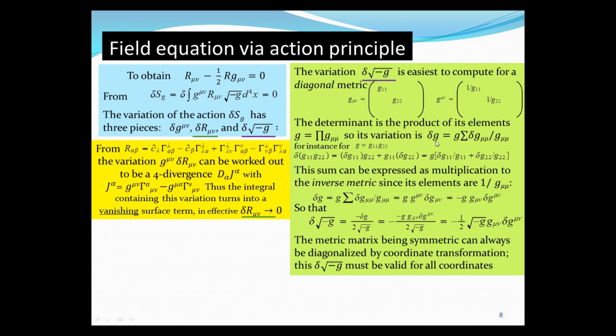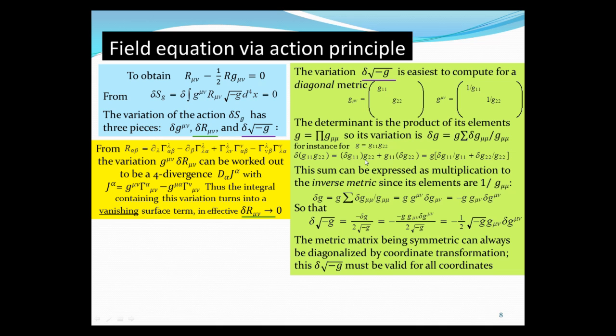So the variation of this determinant: this is a product, right? When you vary one term, you hold the others fixed. You take the variation of that term, divide by the term, then multiply by the term, and the remaining terms together form the determinant again. For example, in the two-dimensional case, the determinant is g11 g22.